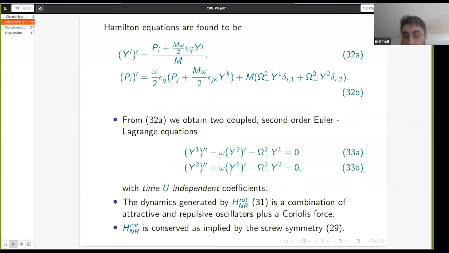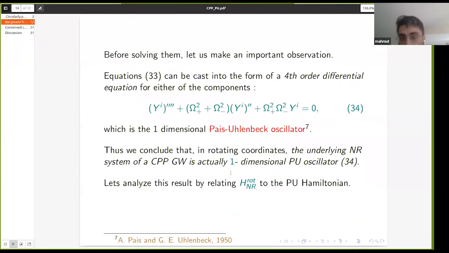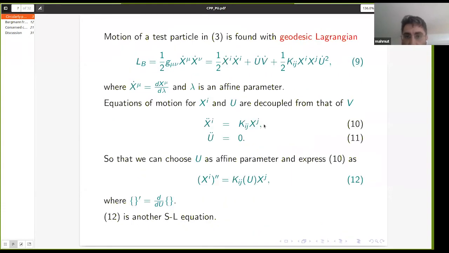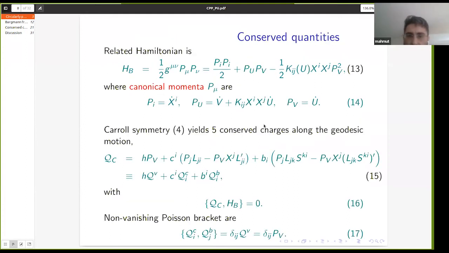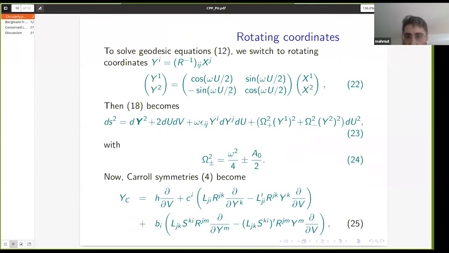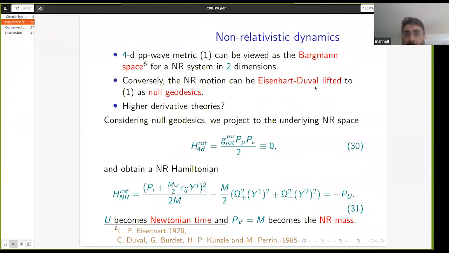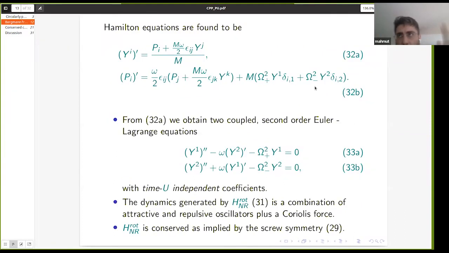And these solutions are also solutions for the relativistic part of the motion. You just write down y1 and y2, unrotate them, because here you made a rotation, right? You unrotate them and you end up with the geodesic solutions for this general Brinkmann metric. So you solve the geodesic equation of motion for both the relativistic system and the non-relativistic system because they are the same.